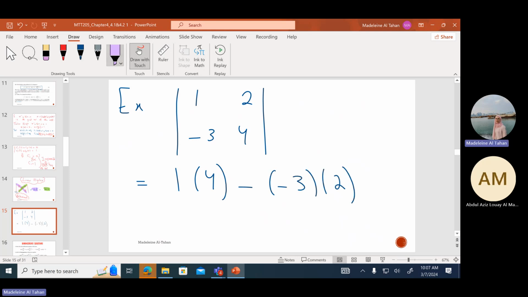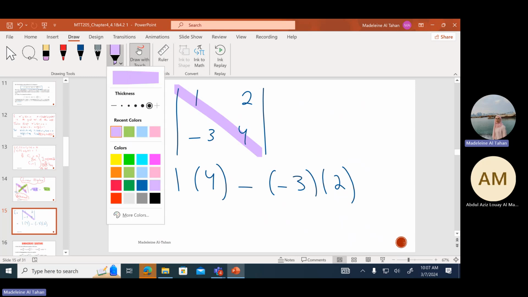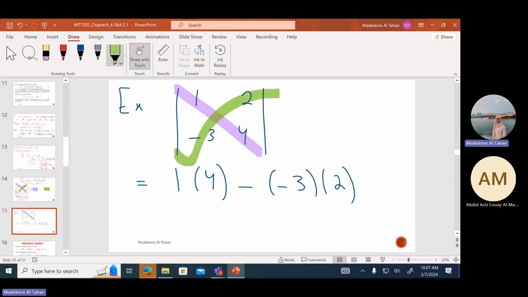Main diagonal, the purple, minus the second diagonal, right? Which is 4 plus 6, which is 10. Is it clear? Okay.